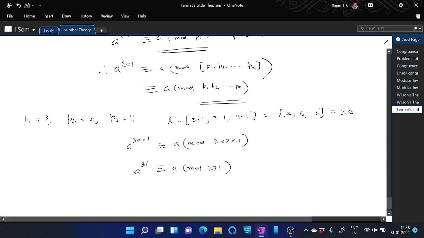So A raised to 31 is congruent to A mod 231 for any positive integer A.